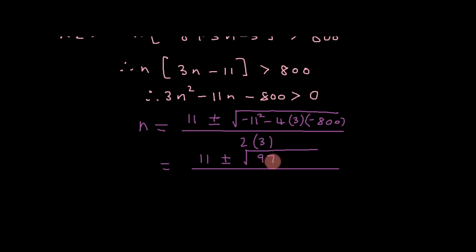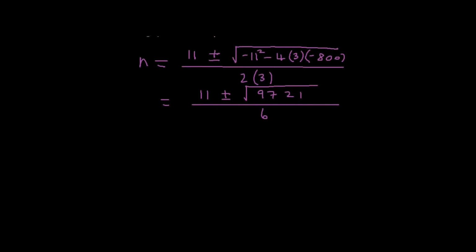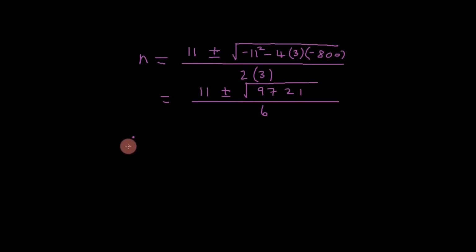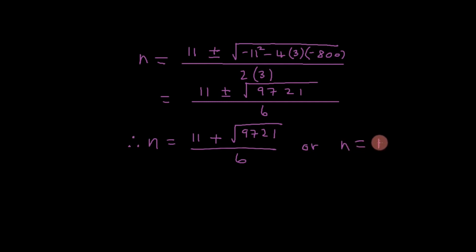So 9721 under the square root, and this is all over 6. So then n will equal 11 plus the square root of 9721 all over 6, or n will equal 11 minus the square root of 9721 all over 6.